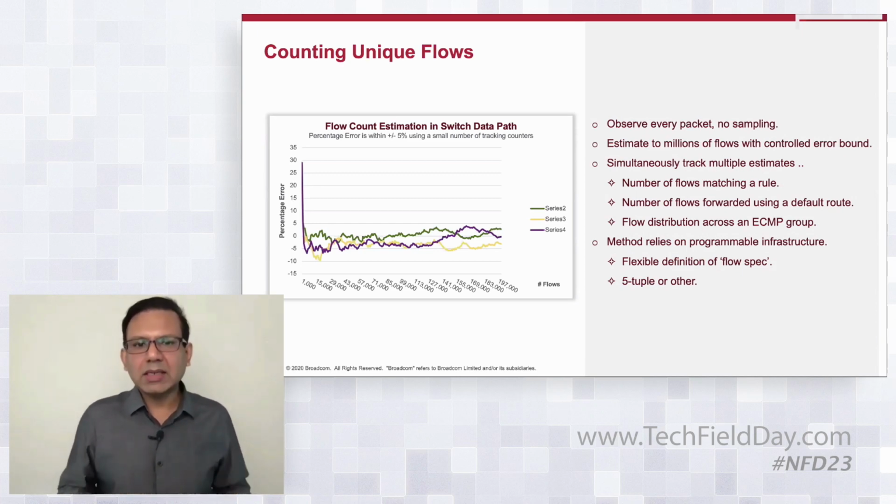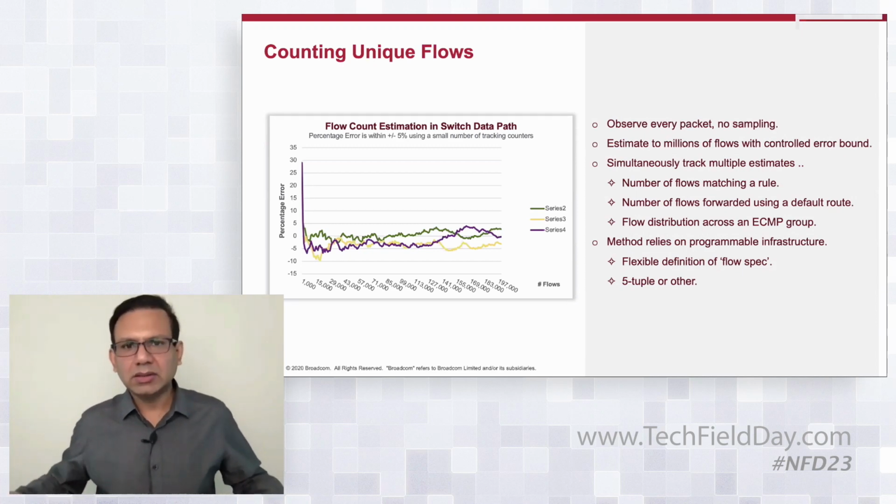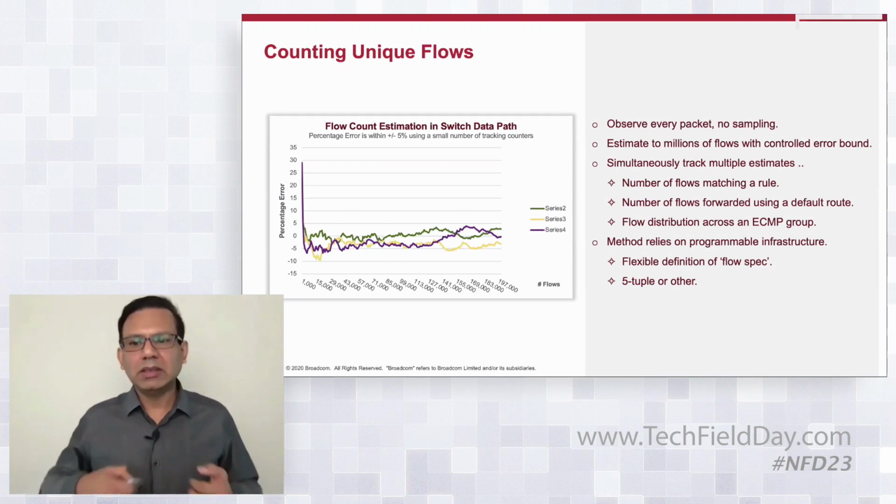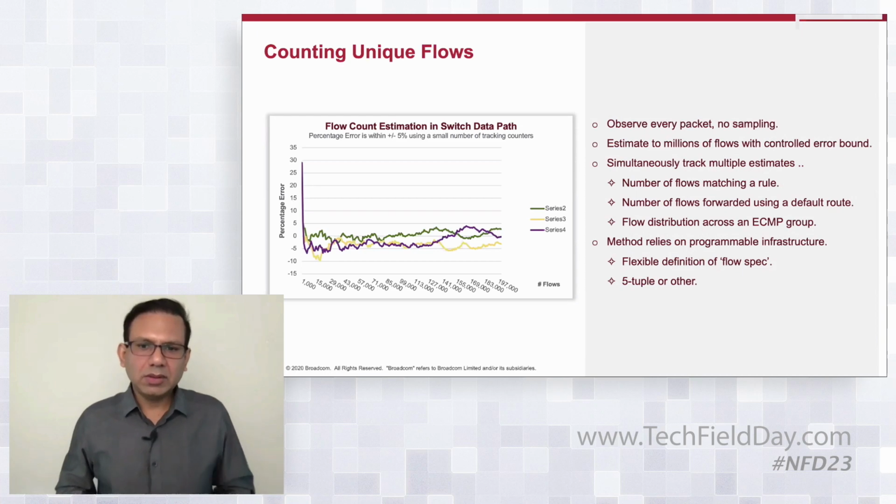So you can tie this to your forwarding data structures in your pipeline and get insight into how many packets actually used your route table and how many packets did not. You can get an idea of flow distribution across an ECMP group. So you get a sense of how fair you are when you disperse traffic across multiple paths.